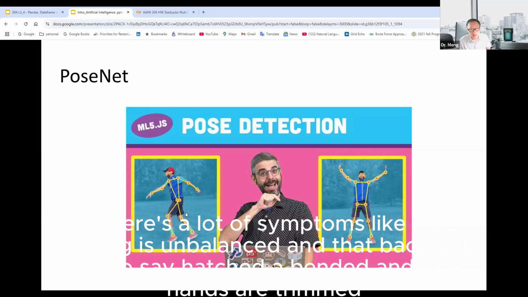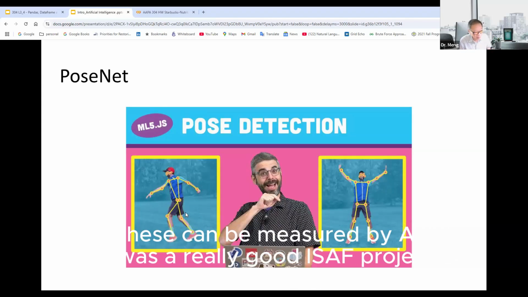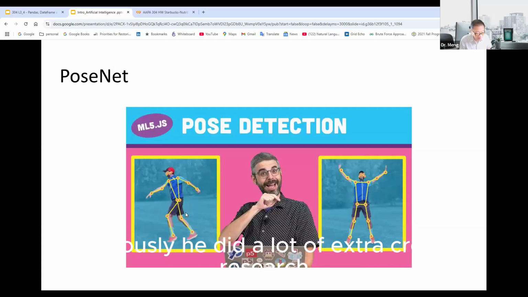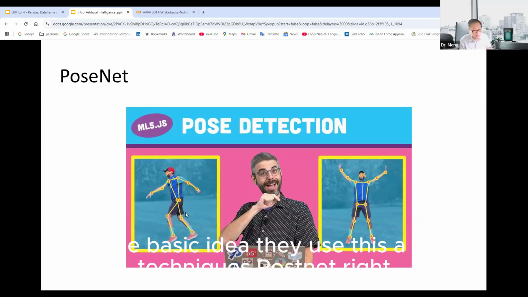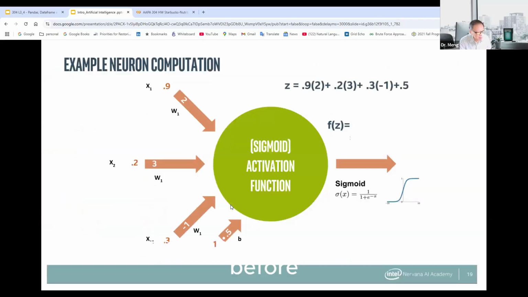There are a lot of symptoms, like their walking is unbalanced, their back is hunched and bent, and their hands tremble, shaking very often. All these can be measured by AI. That was a really good ISEF research project. Obviously, he did a lot of extra research, but the basic idea is they use this technique, PoseNet. I think this is what we mentioned before.